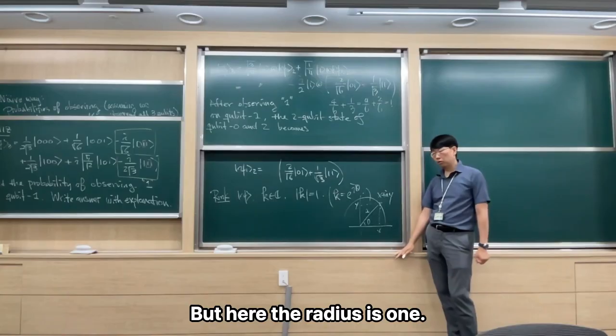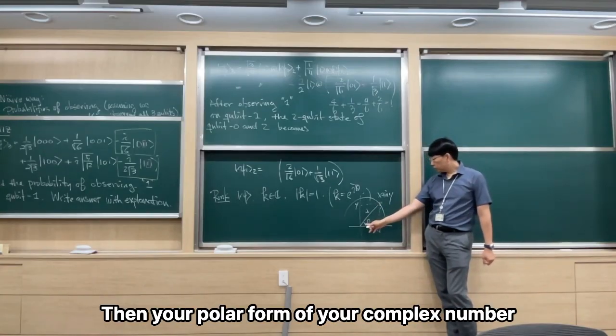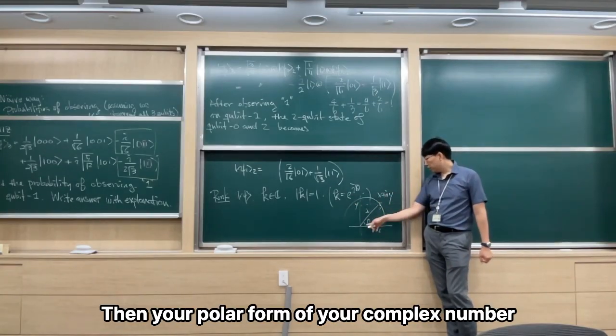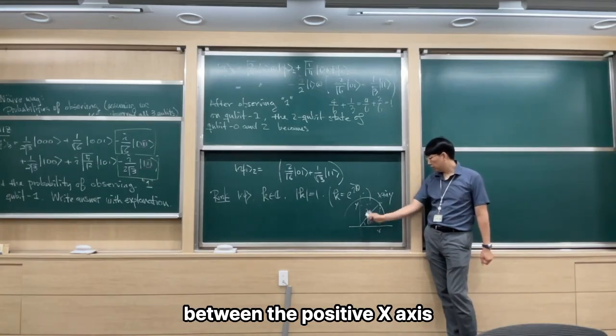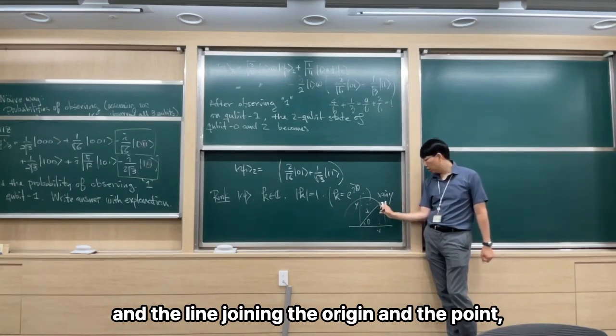I think we did this in the first lecture, but I'm going to review it again. Here the radius is 1, so the polar form of your complex number is this. You have an angle theta between the positive x-axis and the line joining the origin and the point.